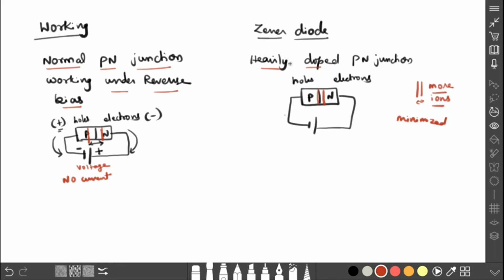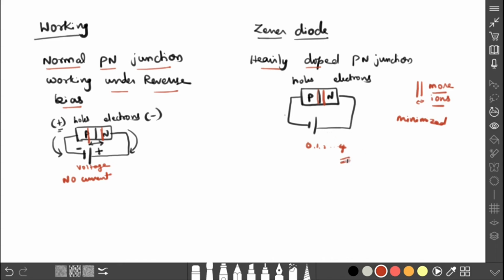Now if you give the voltage, starting from 0, 1, 2, 3 like that, once it crosses the threshold voltage, the current flow will become higher. In this case, the electrons that are bound to the atoms by covalent bonds tend to come out into the depletion region when we give more and more voltage, or when it crosses the threshold voltage at a particular voltage.